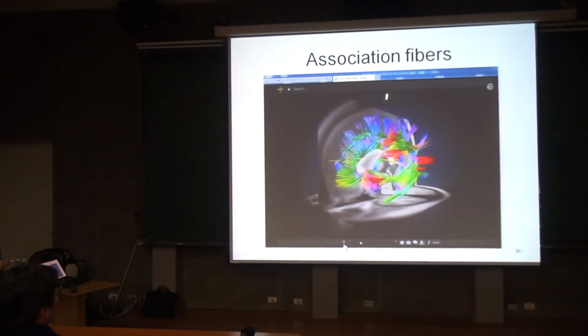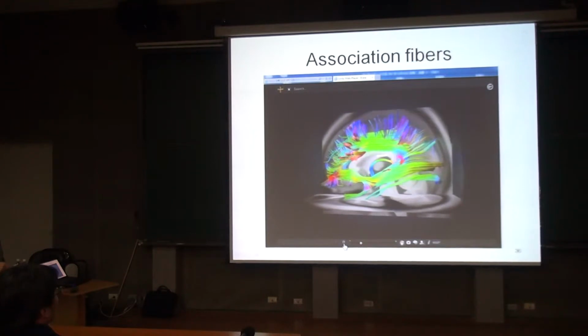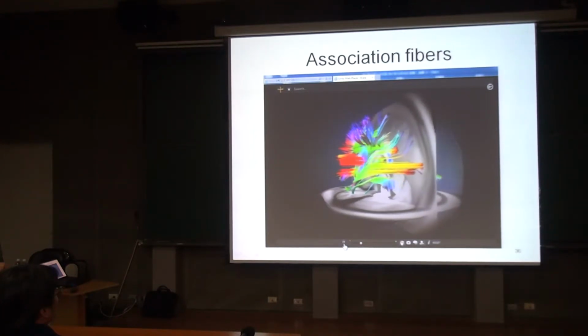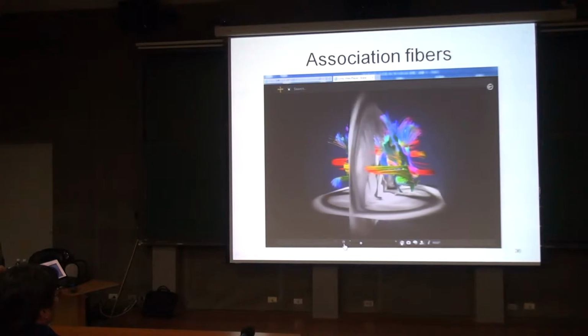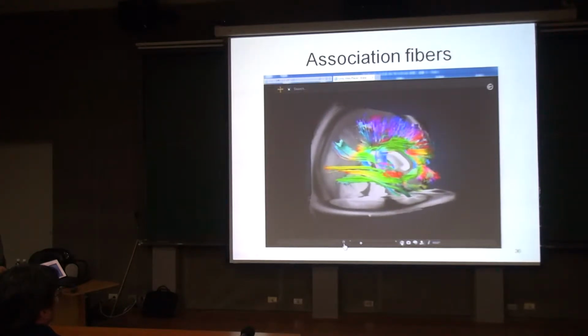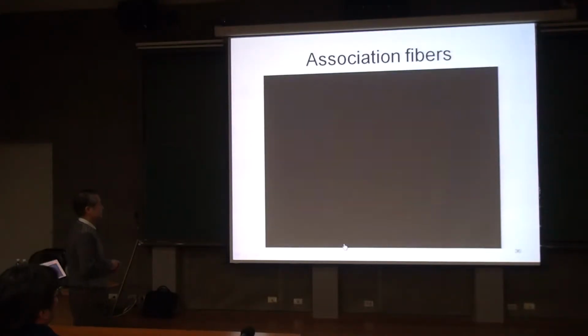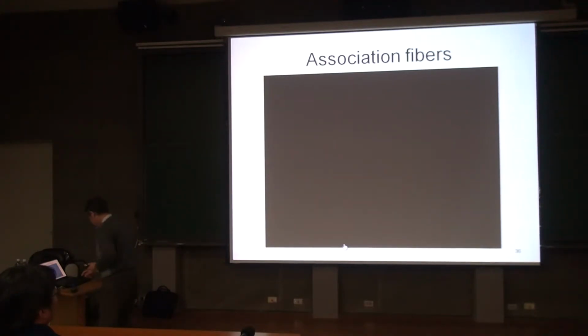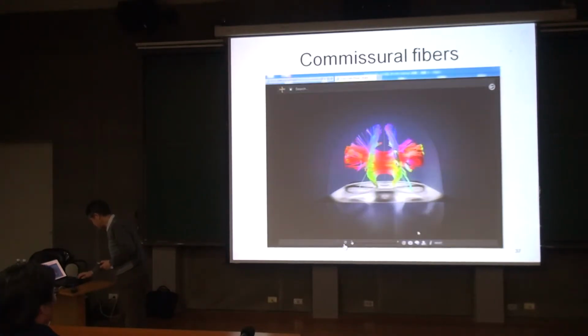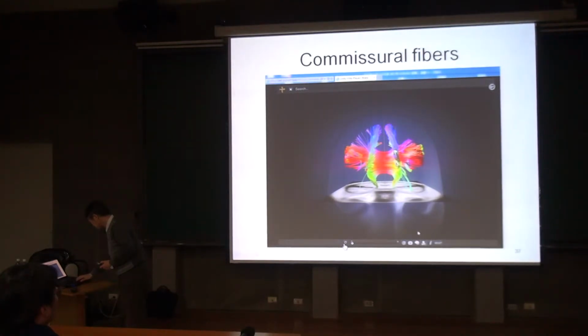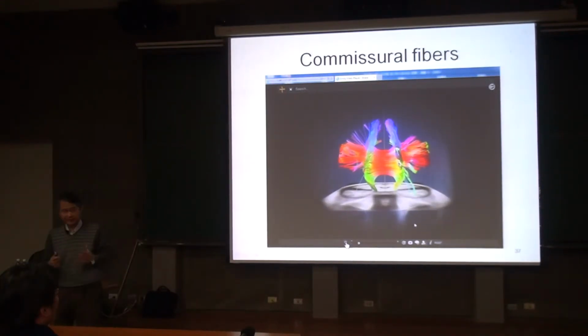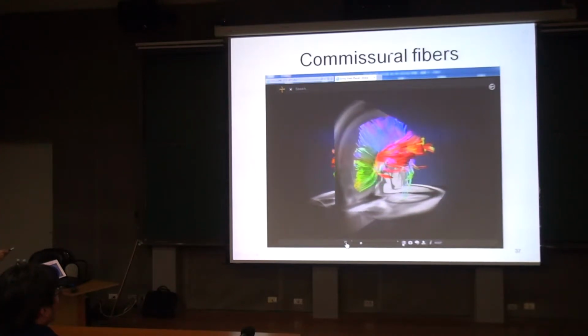This is called association fibers. These fibers are all going anterior, front to back, front to back. The computer is a little bit slow. So this is the second system of the fibers, called commissural fibers.